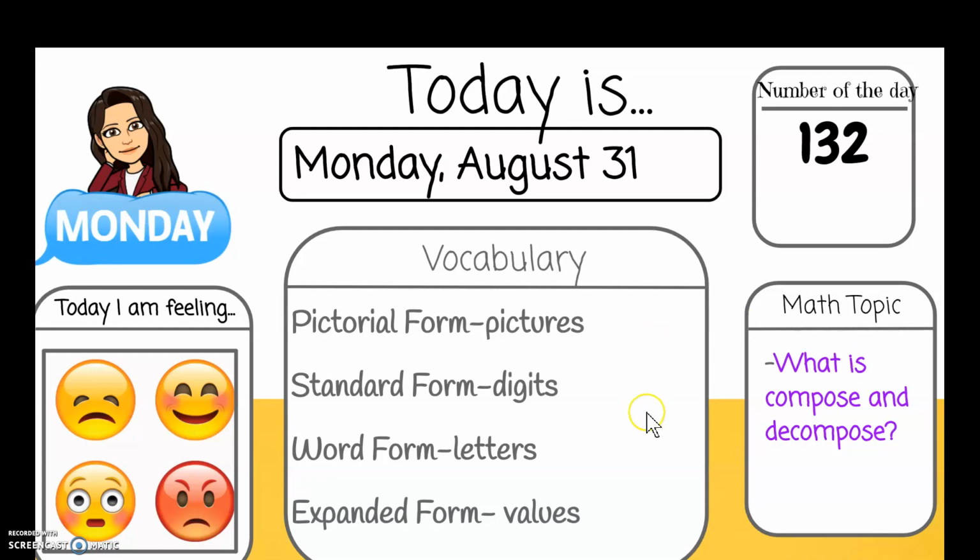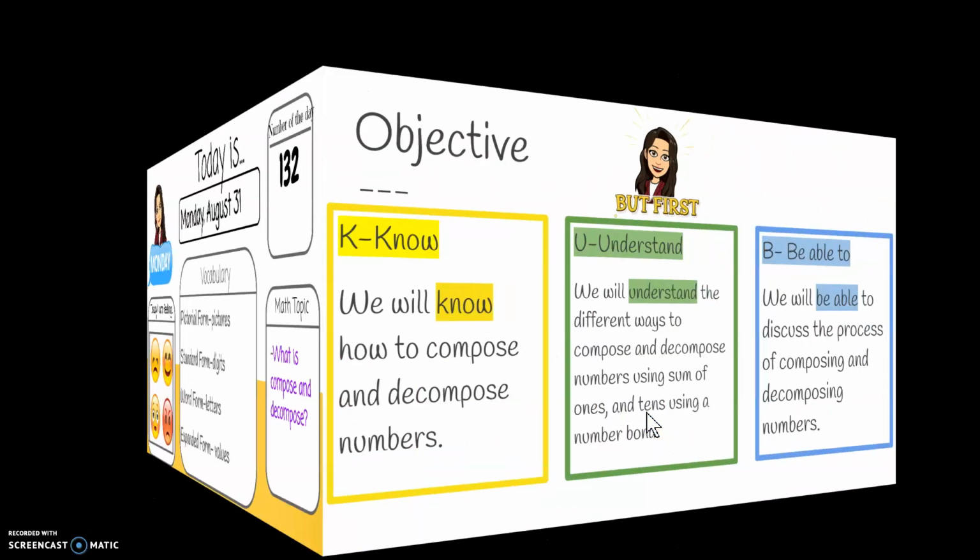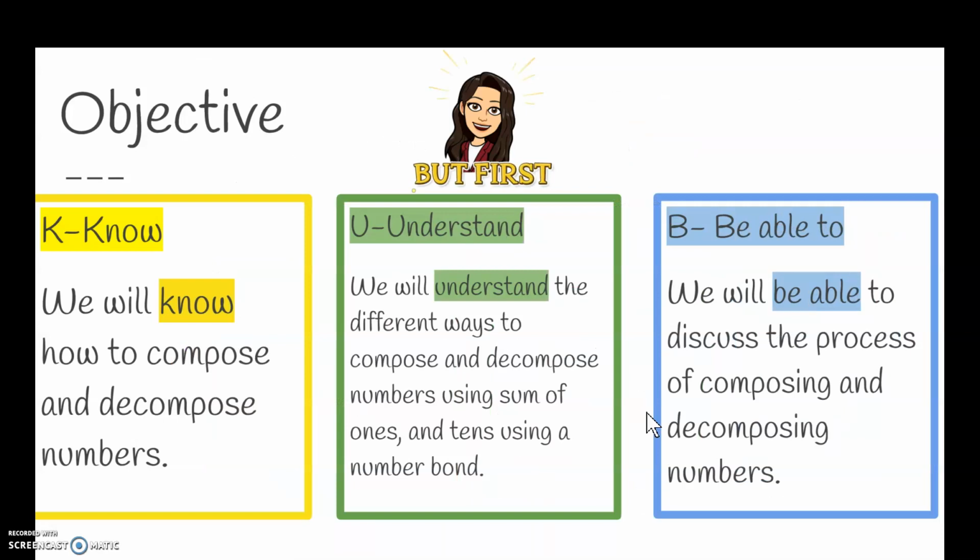Okay, so we're gonna go into the objective for today. We will know how to compose and decompose numbers. We will understand the different ways to compose and decompose numbers using the sum of ones and tens using a number bond.